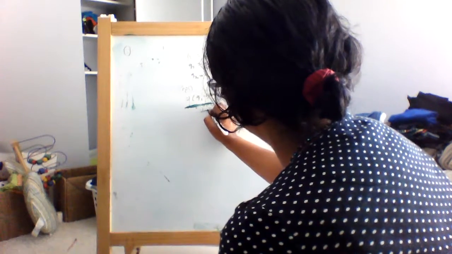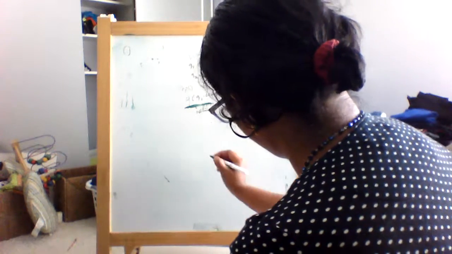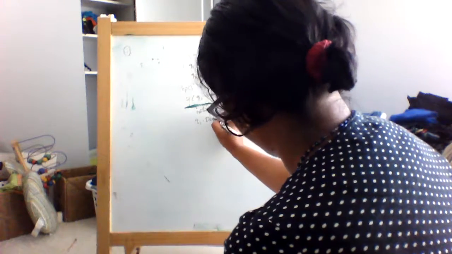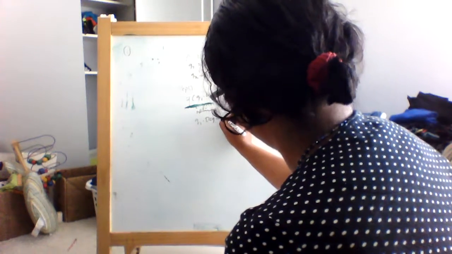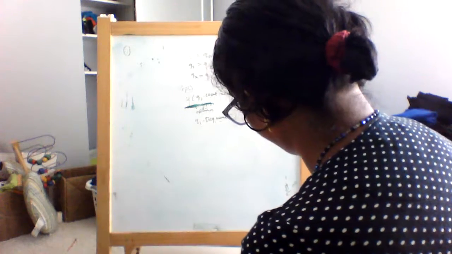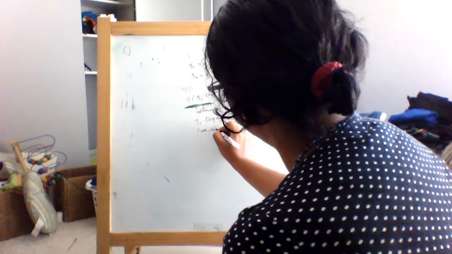Otherwise Q1 dequeuing happens, and the current size is reduced by 1.